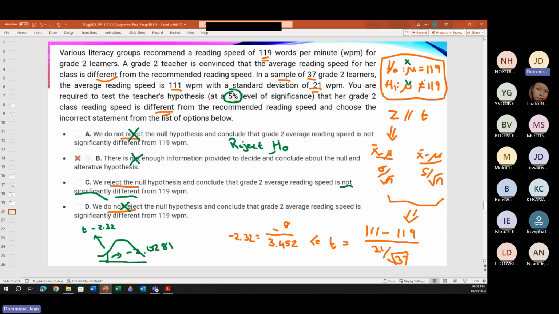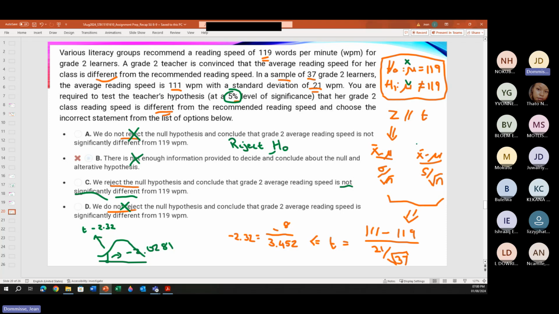So we can conclude that it is not different. Again, these ones are quite difficult because it's easier if I just said reject the null hypothesis or accept or reject the alternative hypothesis.